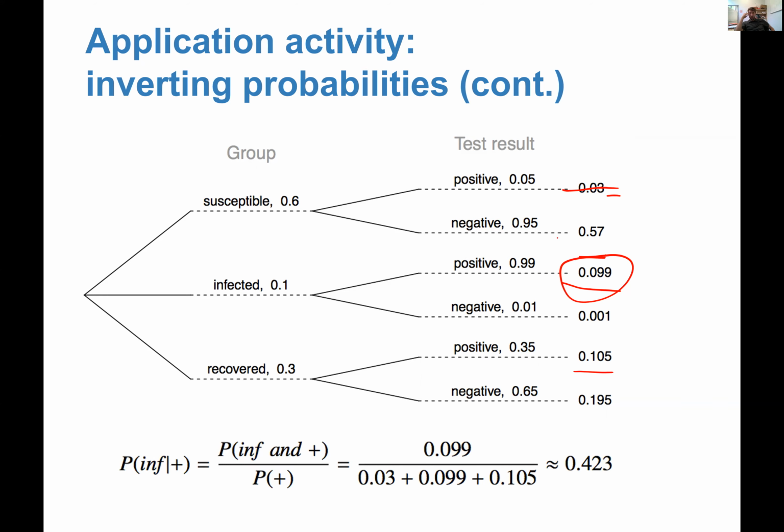So if you test positive in this scenario, there's still only a 42.3% chance that you are actually infected, because there's a large group of people who are susceptible, and it could be wrong there, and especially the people who are recovered, they are really throwing off the number as far as how accurate it is. All right, that completes section 3.2.